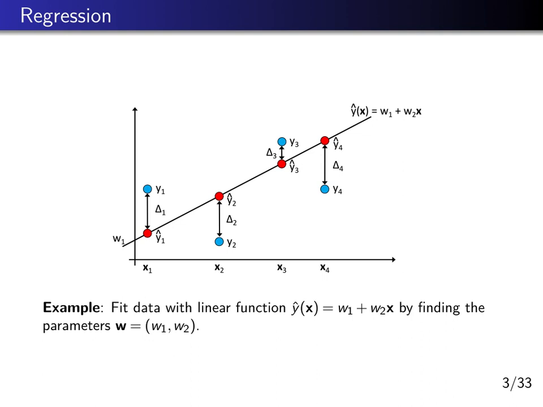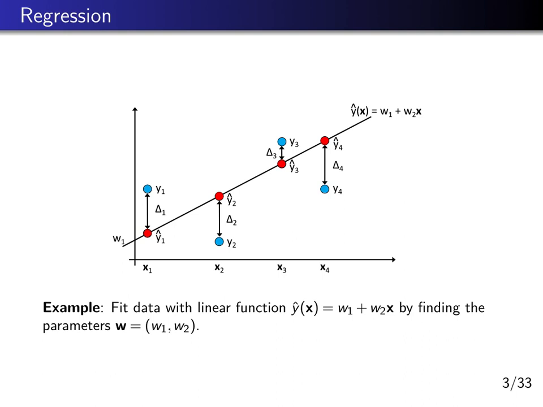Let us look at a visual representation of a simple linear regression. So suppose we have measured the blue data points at positions x1 through x4. We have measured y1 through y4, and we assume that this data has been generated by a linear model.